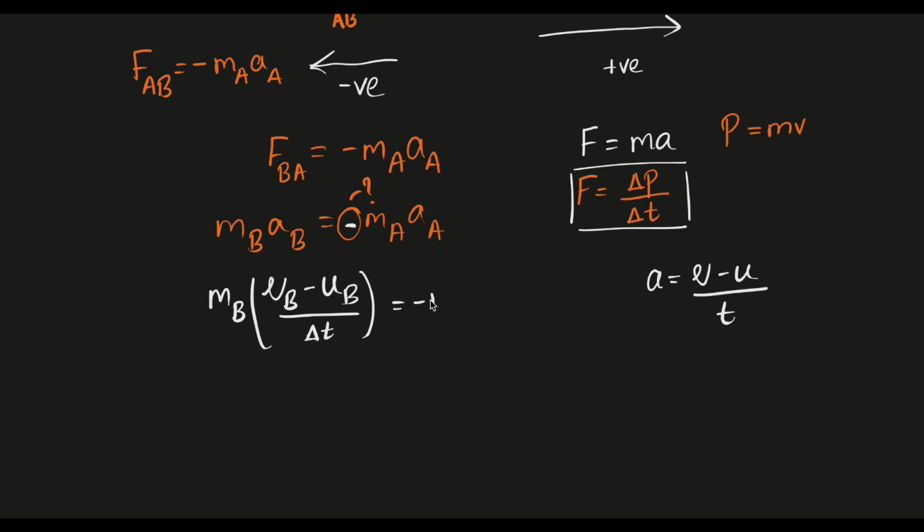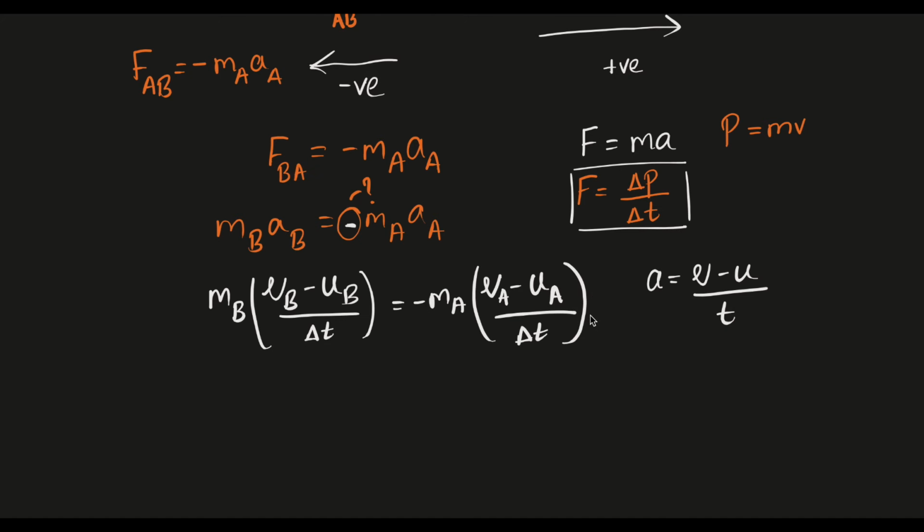That's equal to minus MA, and that is the same VA minus UA. Sorry, it's VA. This is getting out of hand. Okay, alright, so that is the same change in time.